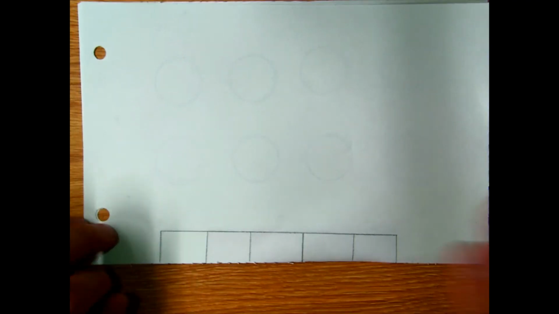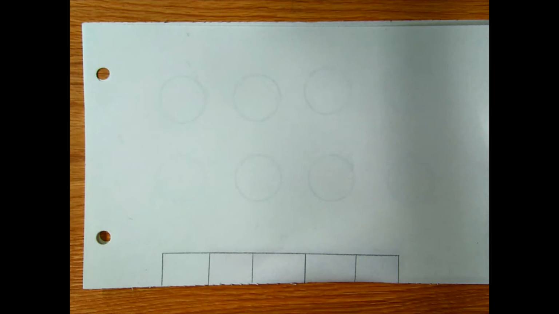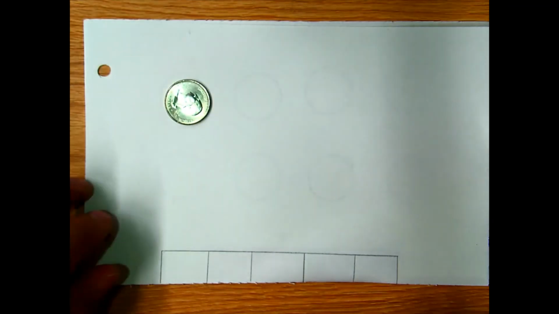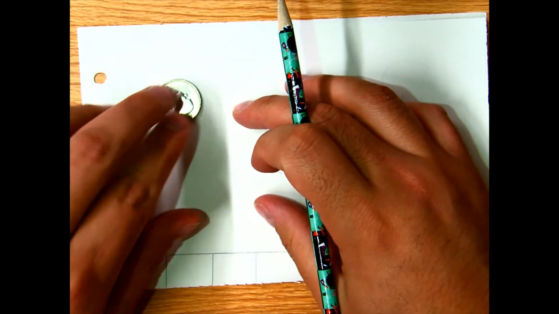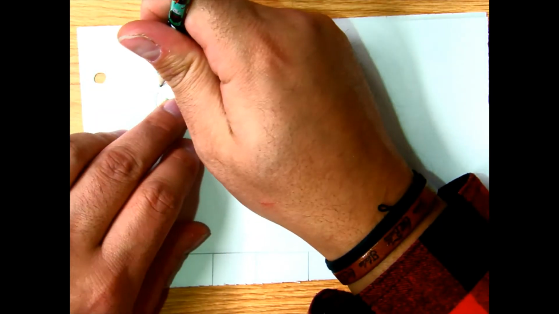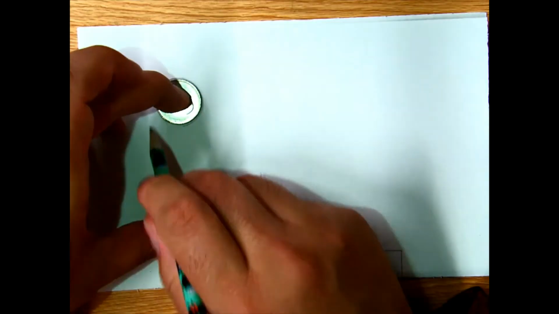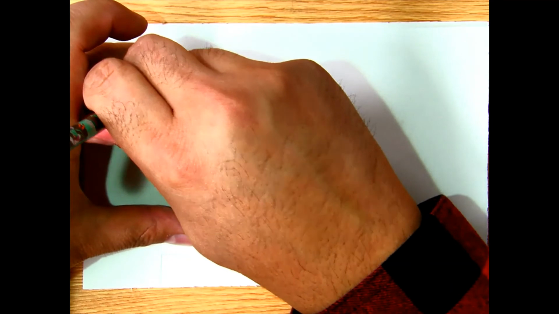Okay? After you've created the section for your value scale, you want to take one of your coins, and I want you guys to create 8 circles. So again, go ahead and draw 8 perfect circles using your little reference tool.